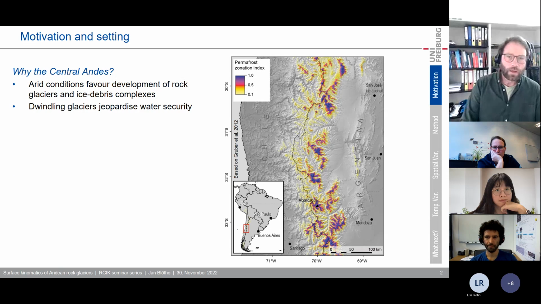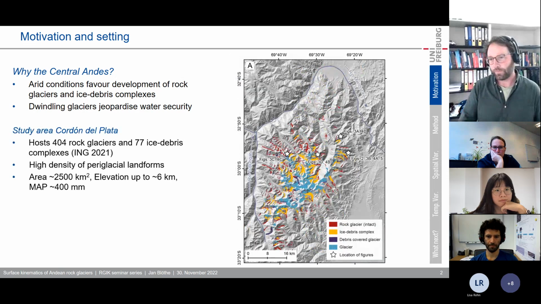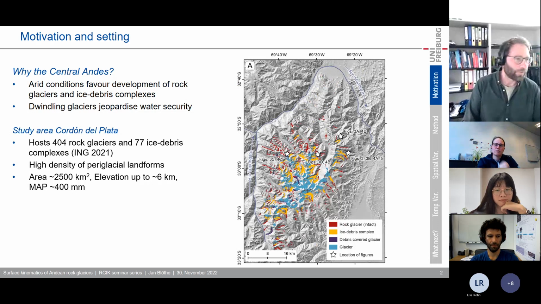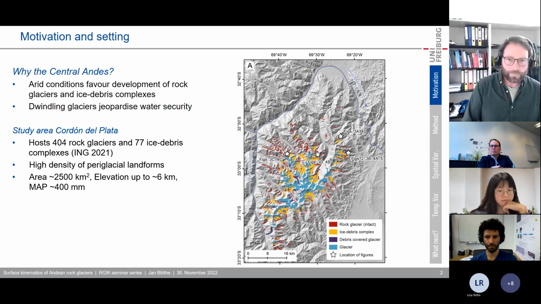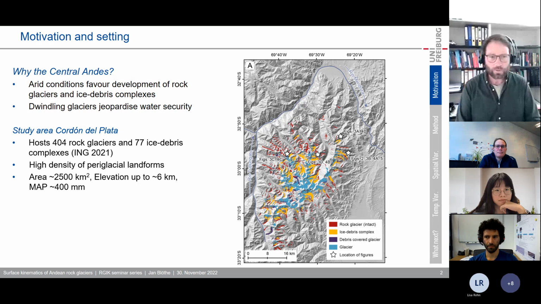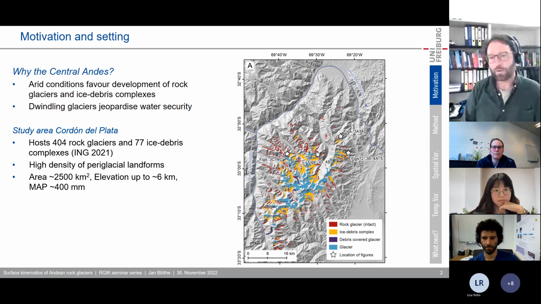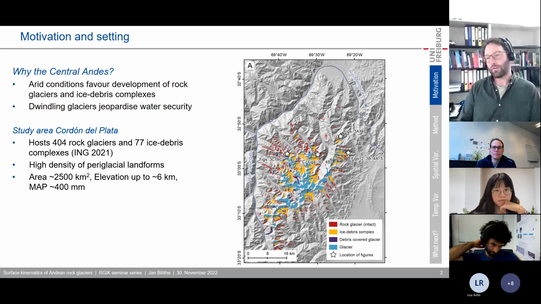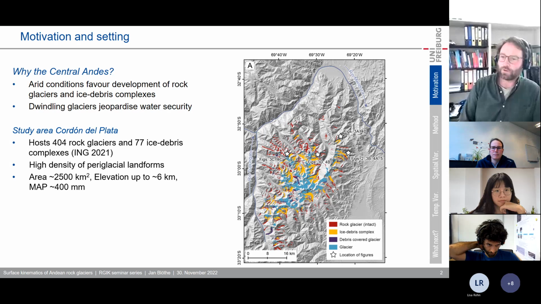That is why I think looking at rock glaciers and ice debris complexes in the Central Andes is very important. The study I am presenting today is based in the Cordon del Plata, which has a large variety of cryogenic forms. Besides glaciers and debris-covered glaciers, we have a lot of ice debris complexes and rock glaciers.